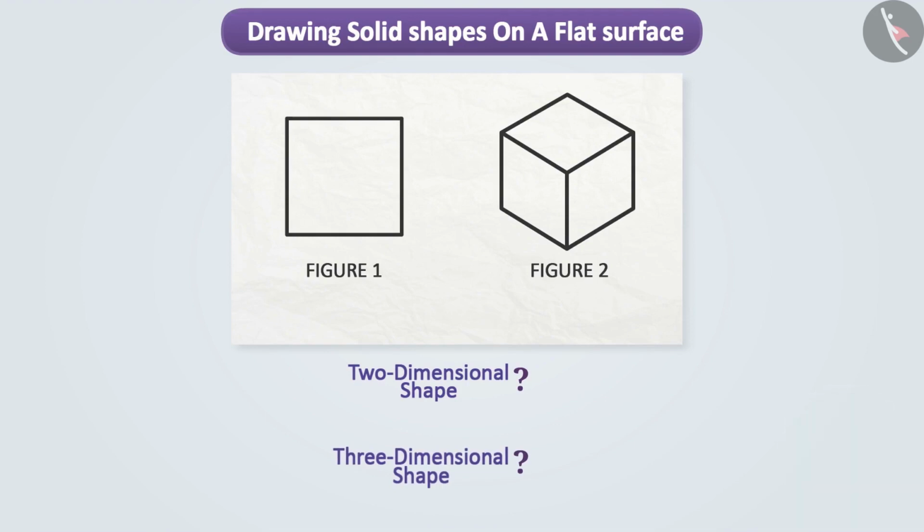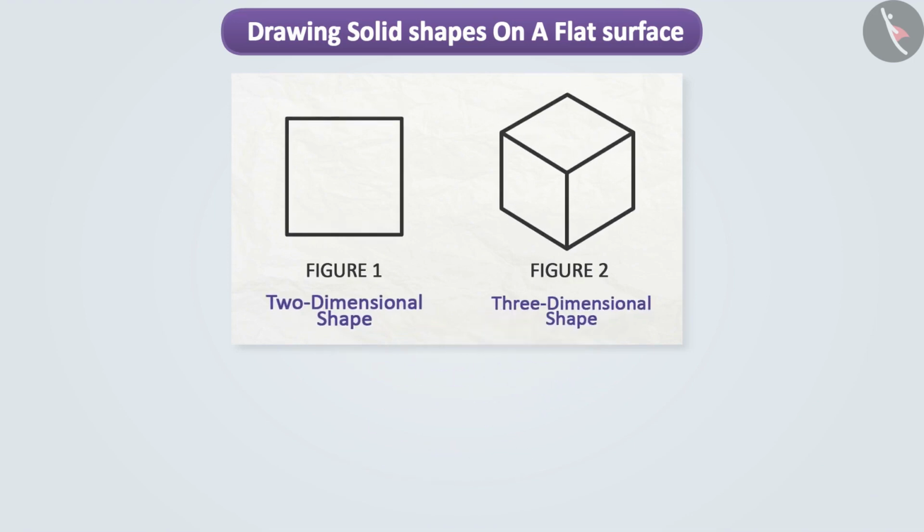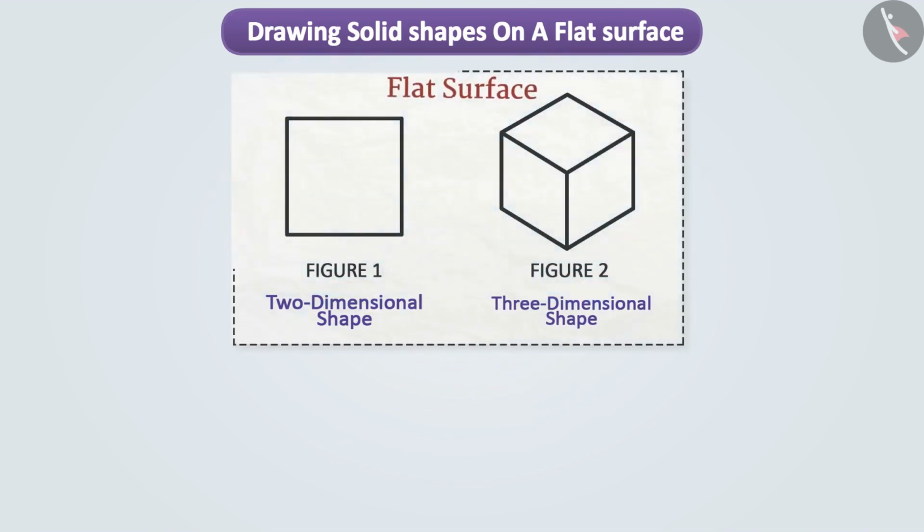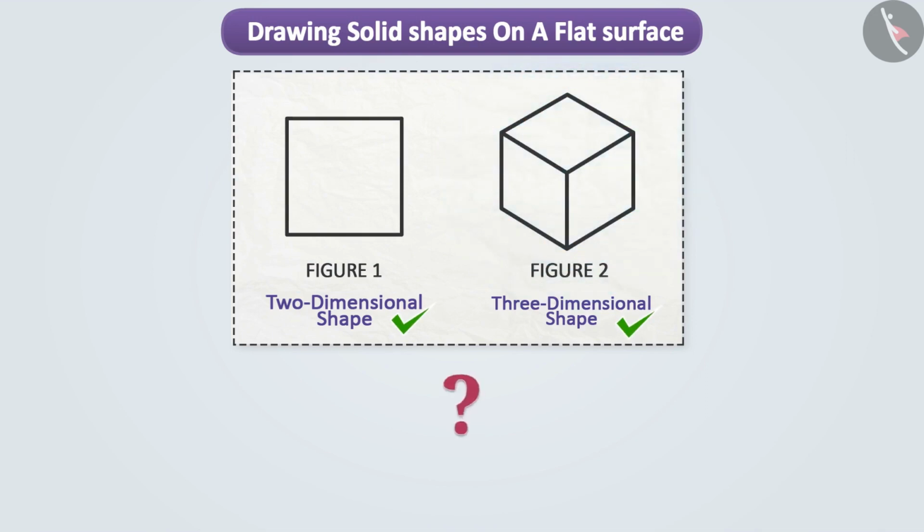Just right. Here, this shape is 2-dimensional and this is 3-dimensional. Here, both the figures are drawn on the same flat surface. Yet, we can easily tell which shapes are 2-dimensional and which are 3-dimensional. Can you explain why? Think.